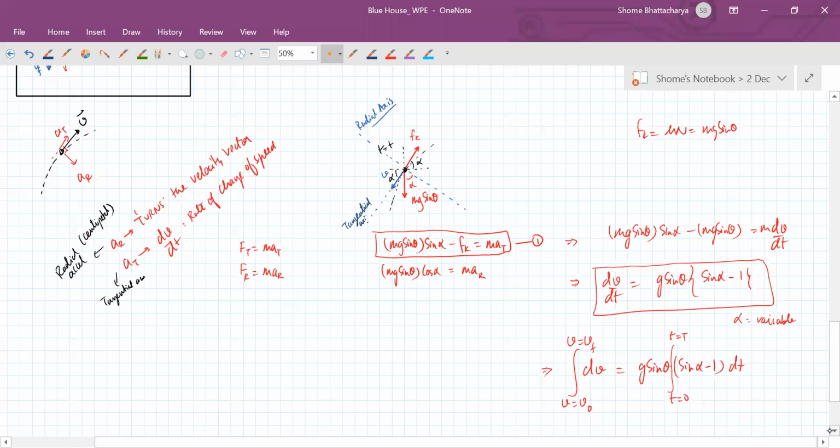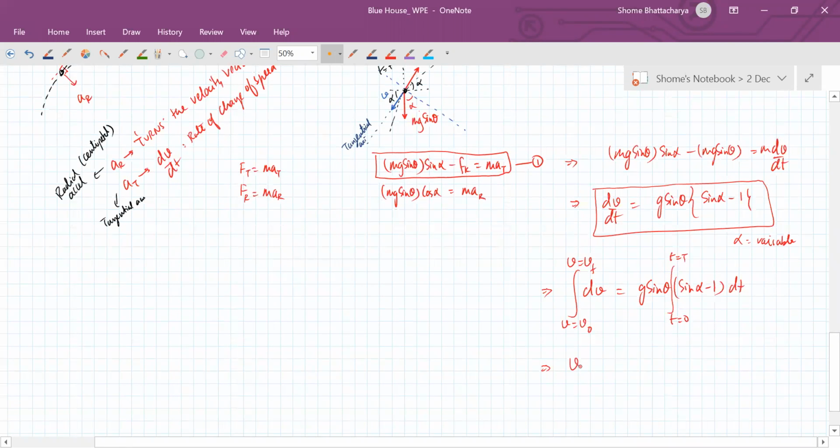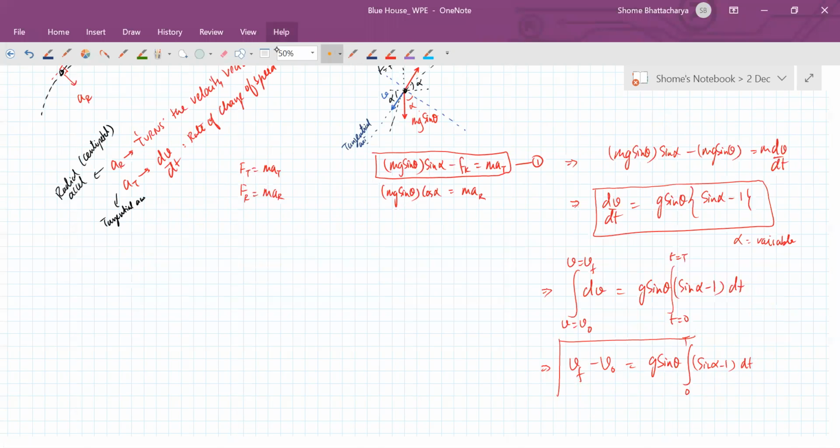Okay. So we will get this equation where we have v final minus v naught is equal to g sine theta into the integration from 0 to t of (sine alpha minus 1) dt. Okay. But we cannot proceed further because we don't know sine alpha as a function of time.